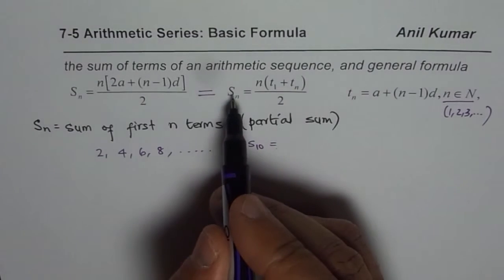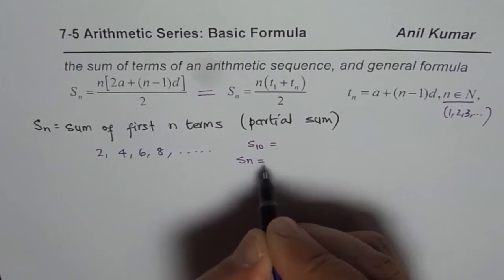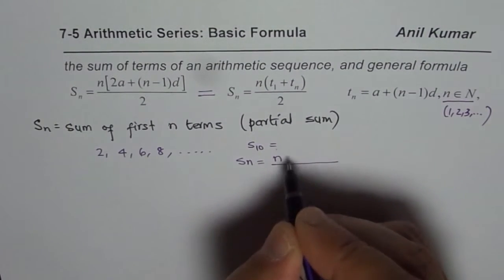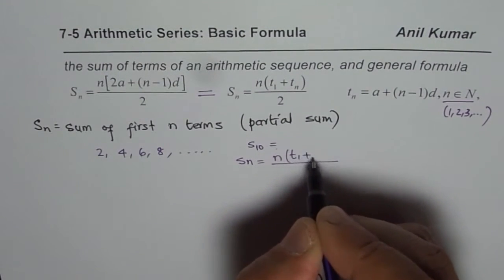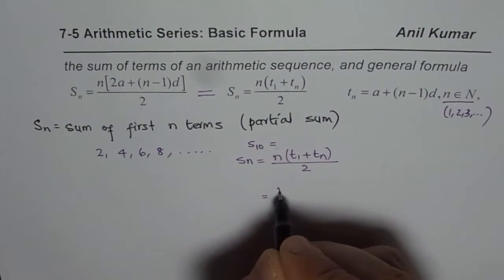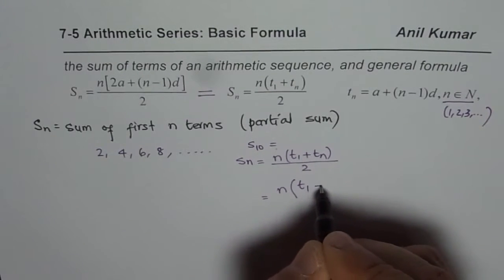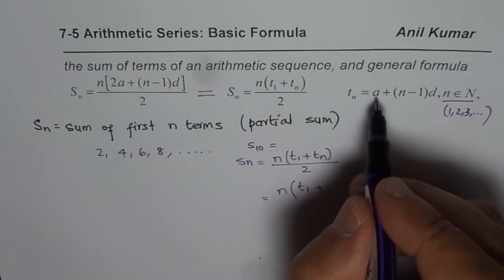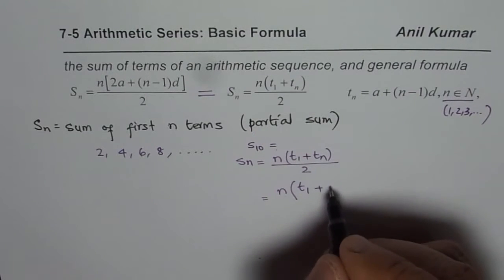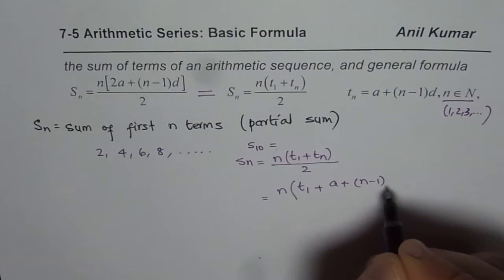So let's begin with the second formula first. We say S of n is equal to n, let me write this as t1 plus tn first, divided by 2. Now here, what is tn and what is t1? Tn is a plus n minus 1 times d, correct? General formula. So we'll write tn as a plus n minus 1 times d.